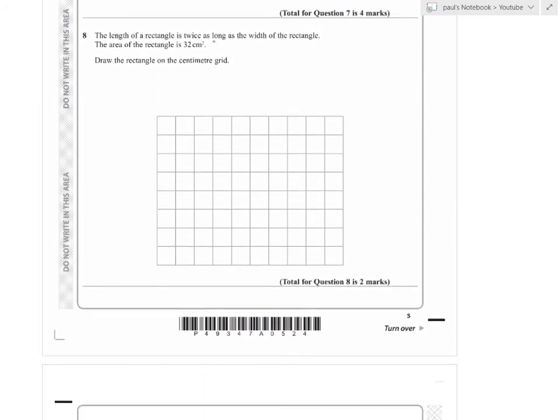The length of a rectangle is twice as long as the width of a rectangle. The area is 32. Draw it. Right, so 32. So if we have a rectangle here, this is x and this is 2x, and together they make 32. So 2x squared equals 32.